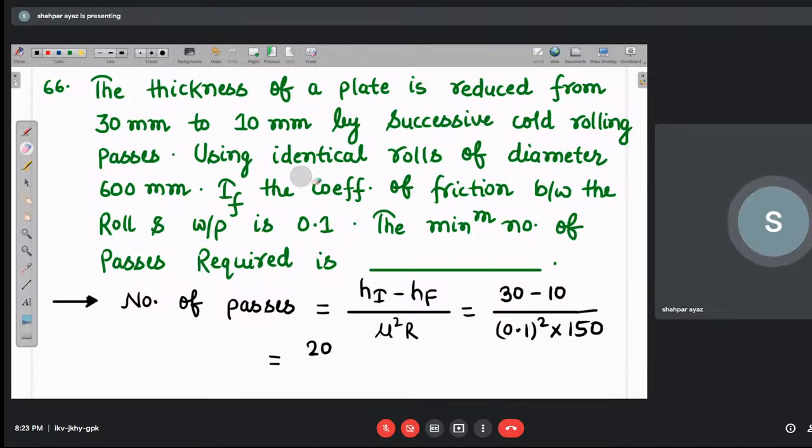Sorry, R is there, na? Radius is... diameter is 600, R is your 300. 6.67 means 7 passes is required. Very good, all of you. Very good, everyone.